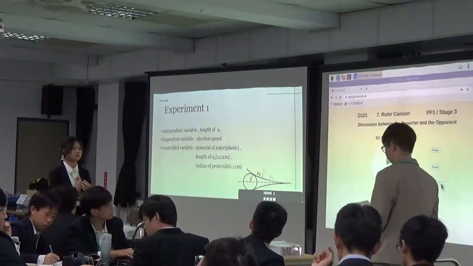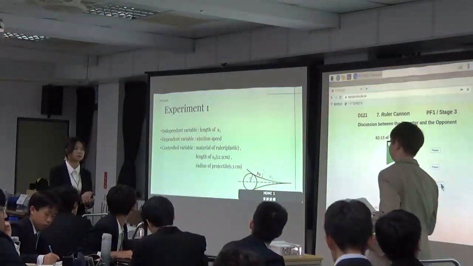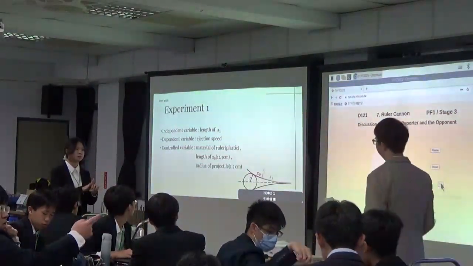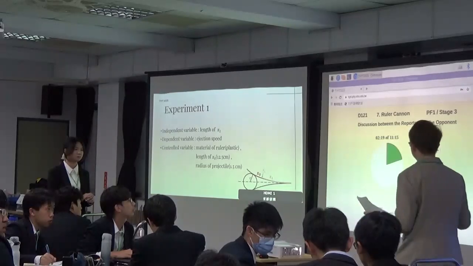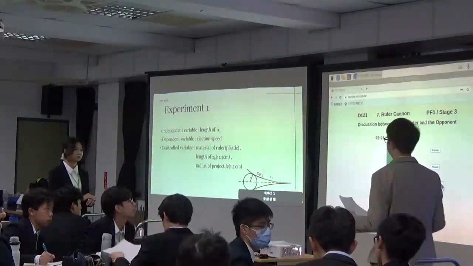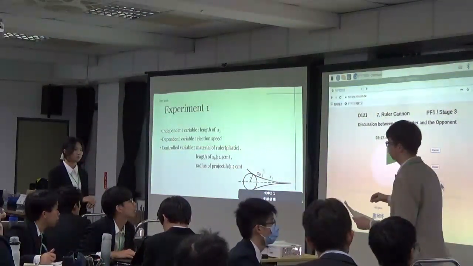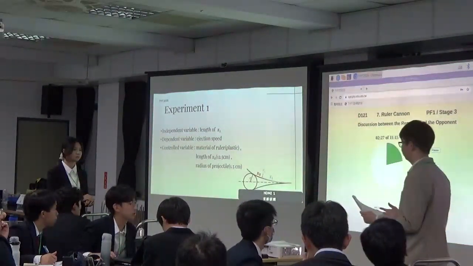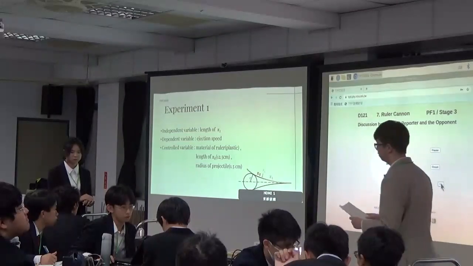The force that I want to mention is how much I give to the ruler and how much the ruler will give to the projectile. However, if you use bending moment, the force should be the average force, not the point force that you exert, in the equation.